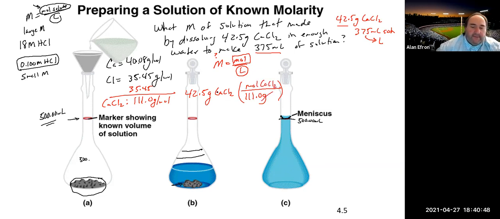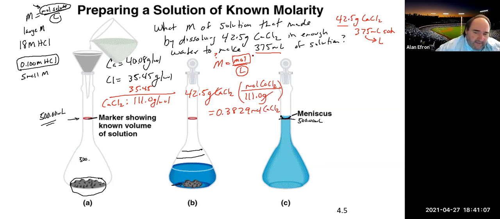The grams cancel. That's 42.5 divided by 111, which we'll call 0.3829 moles of calcium chloride.